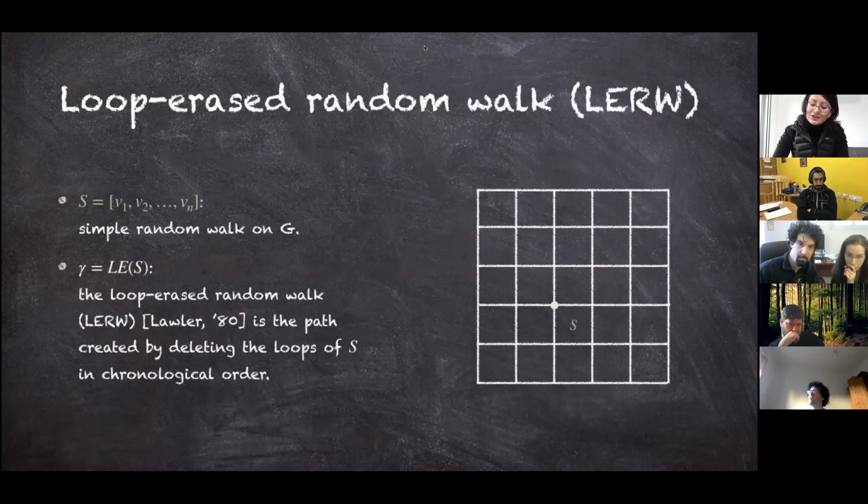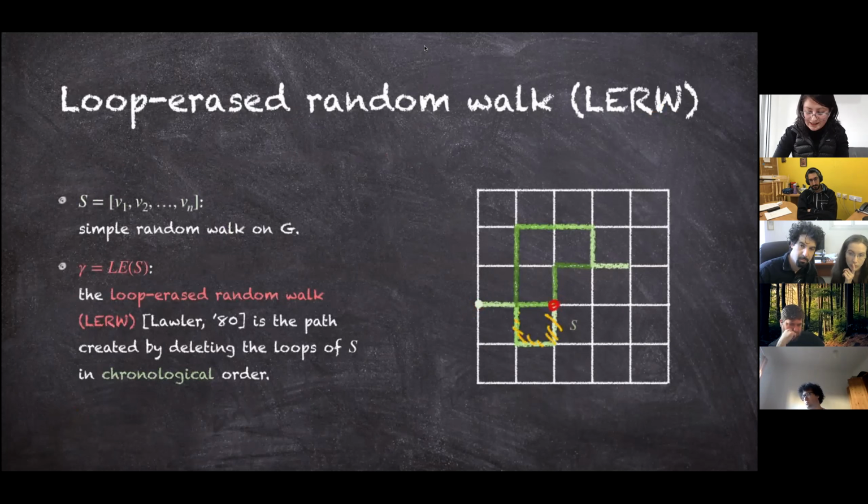And you know, loop-erased random walk: we have a simple random walk on a graph that moves in the usual way, because it's drunk. Let's say that it starts at this point and finishes here. So the loop erasure is exactly that. We are going to delete all the loops in chronological order. So my loop-erased random walk started here and did this loop.